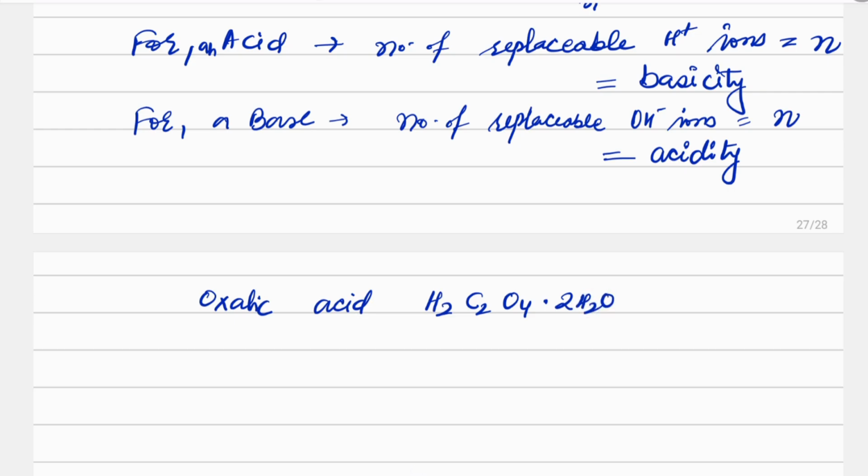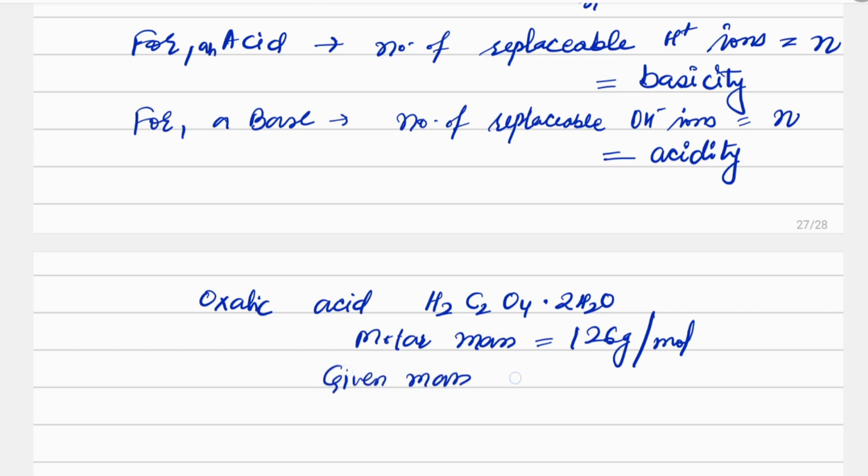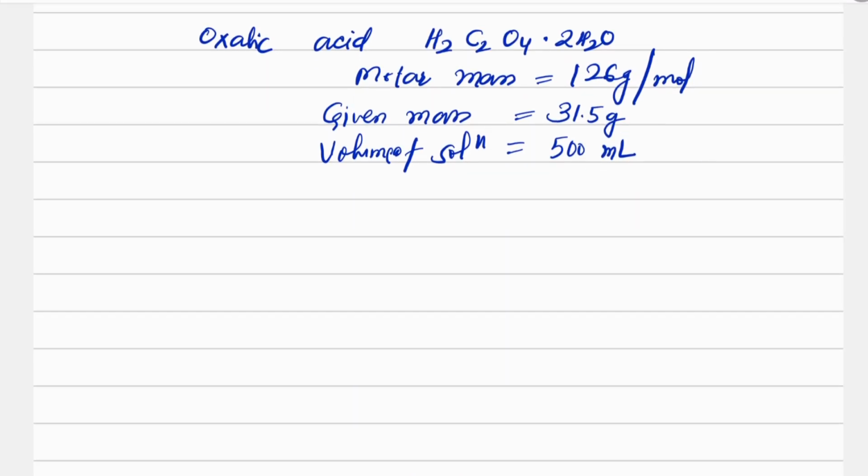Suppose this oxalic acid's molar mass is equal to 126 grams per mole, and suppose its given mass is 31.5 gram, and volume of solution is given. Suppose you have taken 500 milliliter, and you have to calculate the normality for that.